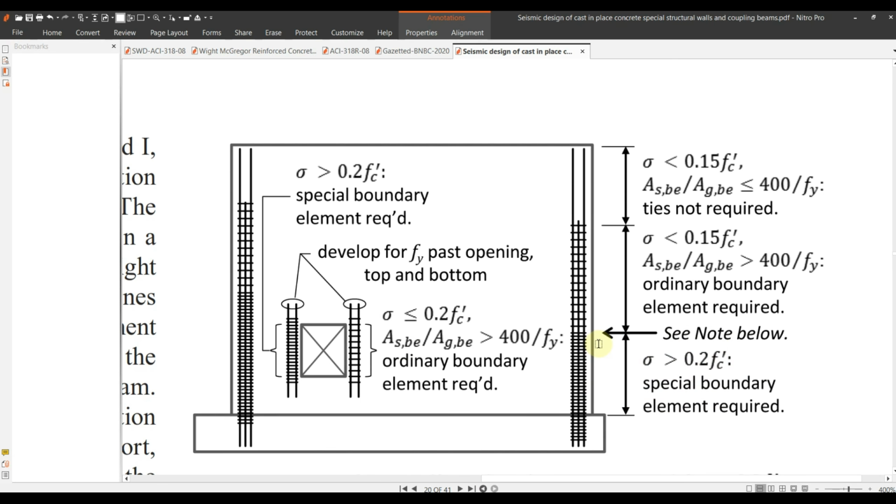And if it is less than 15% of your FMC, then in between these 2 points, 0.2 FMC and 0.1 FMC, you need to provide the ordinary boundary element. And beyond that 15% of FMC, you do not need any boundary element requirements. By that, I mean that you do not need any hoops in your edges.